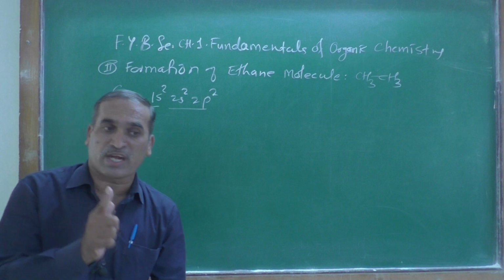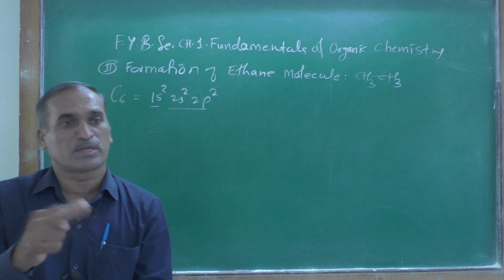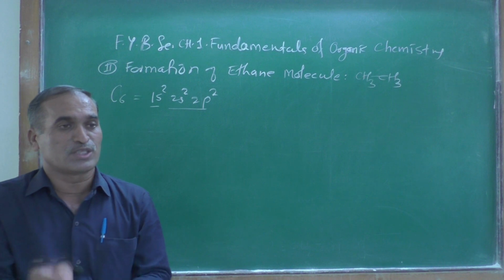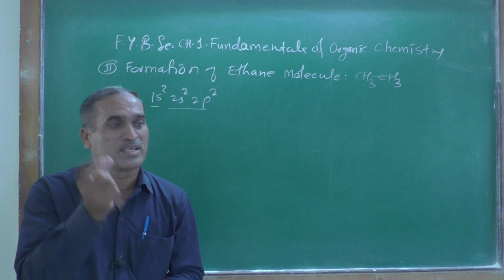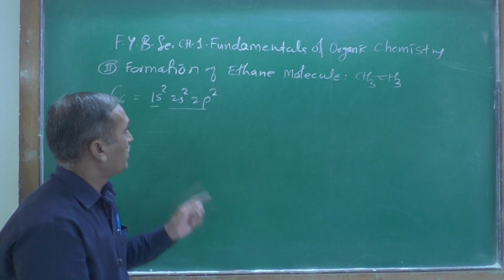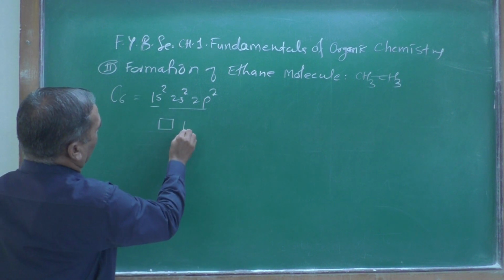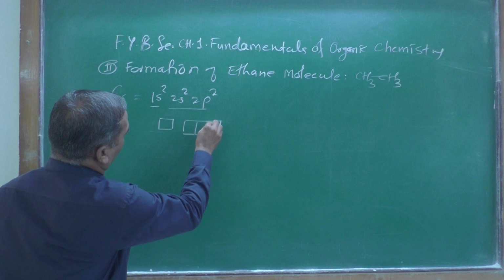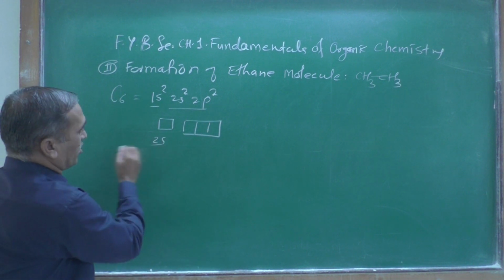And as we know, valency means what? Valency means the capacity to form bonds with other elements. Therefore the carbon atom is tetravalent, meaning it has a valency of 4. Now here is the 2s orbital, and as we know, the p orbital has 3 subshells. This is the 2s orbital.